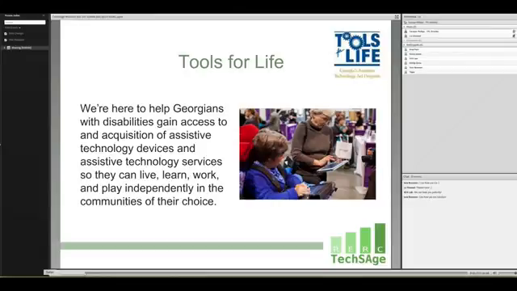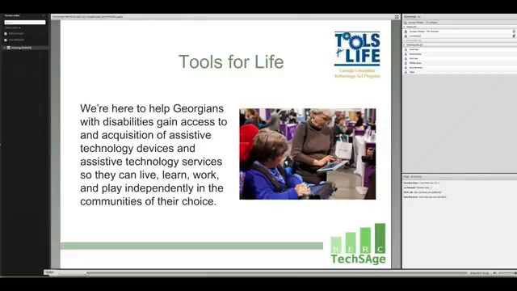We want to make sure that you also know who we are. Liz and I actually work for Tools for Life, and we're excited, as we said, to be a partner with TechSAge and a part of this grant. We are here to help Georgians with all disabilities gain access to and acquisition of assistive technology devices and assistive technology services, so they can live, learn, work, and play independently in communities of their choice.